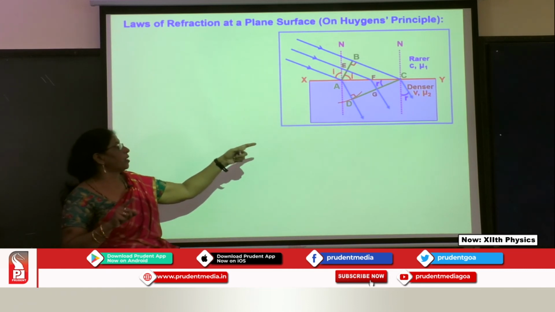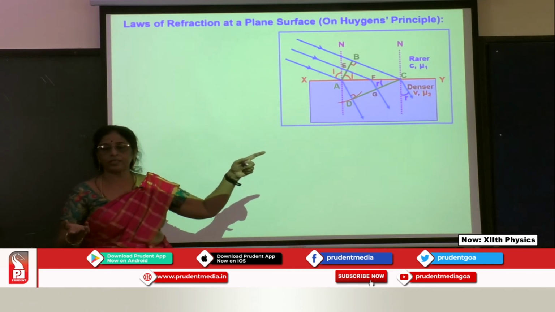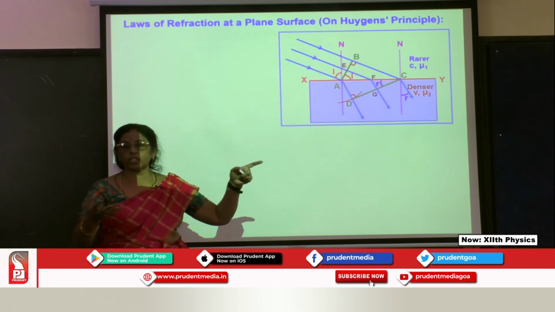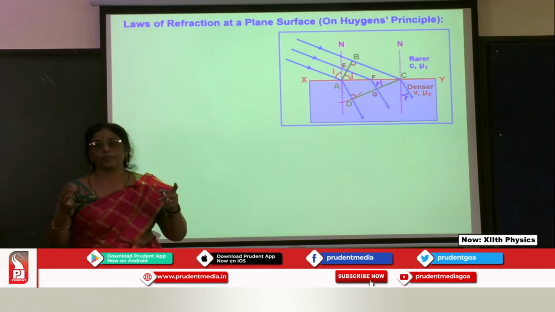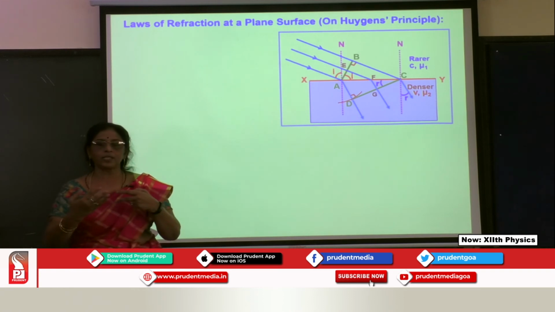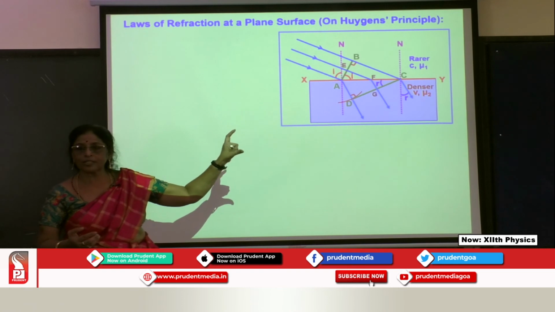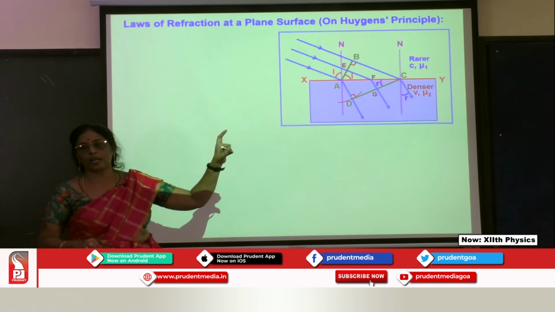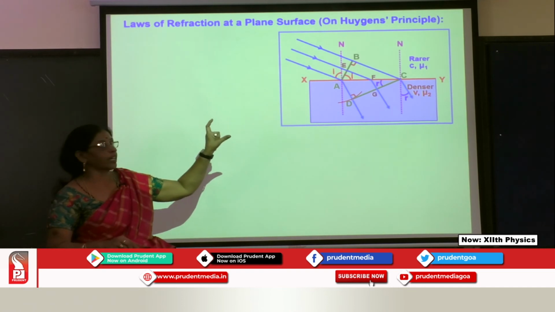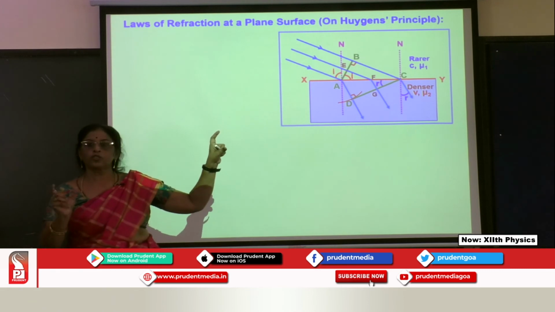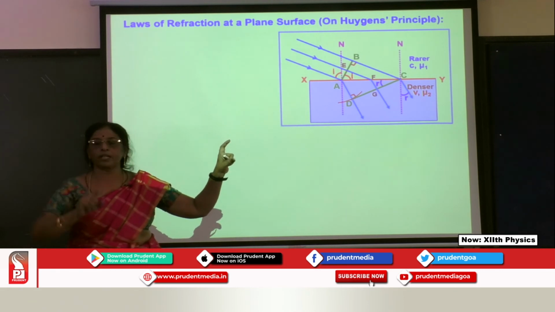So as the velocity differs, when you consider a denser medium, all the particles are closer, so it cannot travel freely in the denser medium. It travels a little slower. Therefore, it covers a short distance, AD, in the same interval of time. But BC is a longer distance traveled because it is a rarer medium.